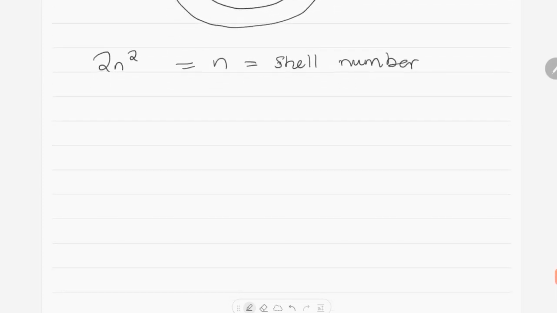So the first shell to start with is equal to 2n squared. Since n is equal to the number of shells, if we are looking at the K shell, which is closer to the nucleus, it will be 2 multiplied by 1 squared, which is the same as 2 multiplied by 1 times 1.